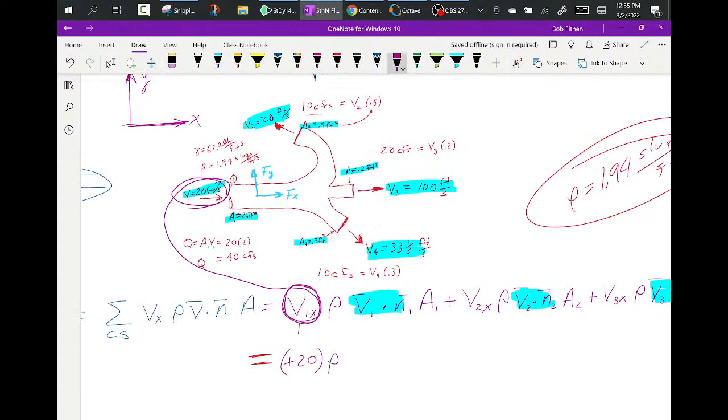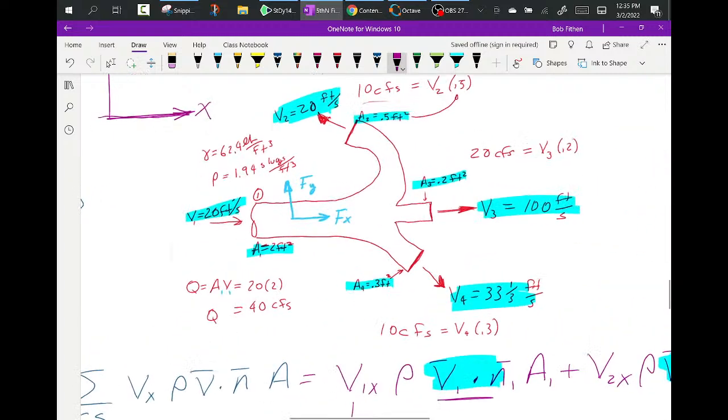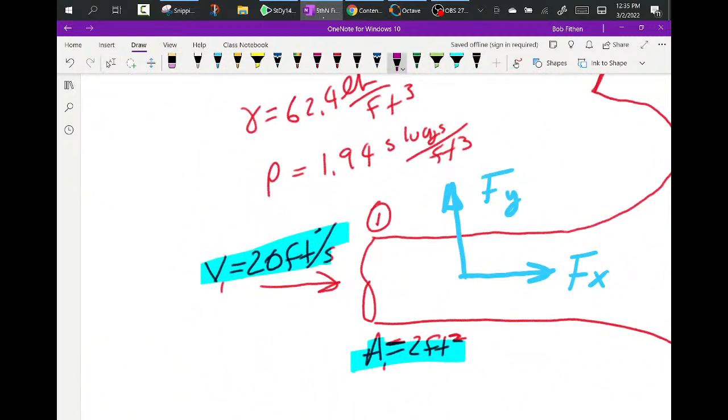Now I'm going to go ahead and carry this. Now what goes here? Well, let's look at this real close. Okay, I've designated this to be like our control surface here. The normal points this direction. Since they are in opposite directions, it's the magnitude of V1, the magnitude of the normal, cosine of their opposite direction.